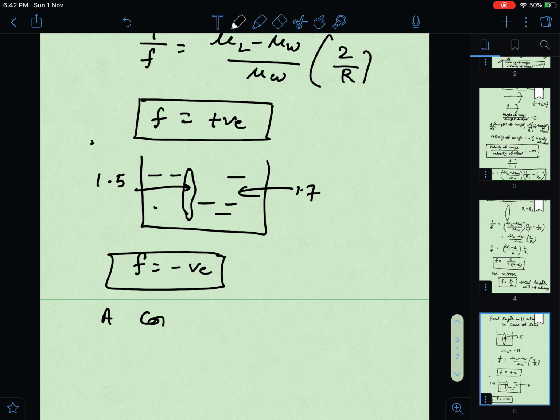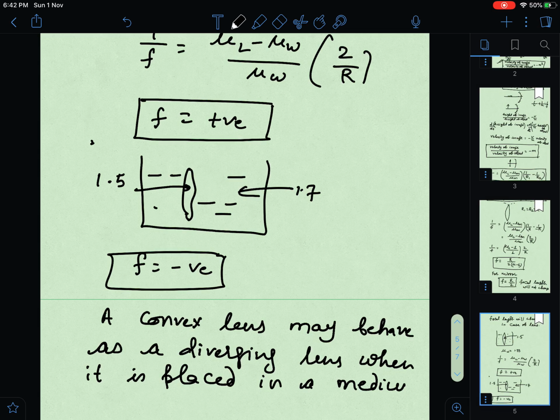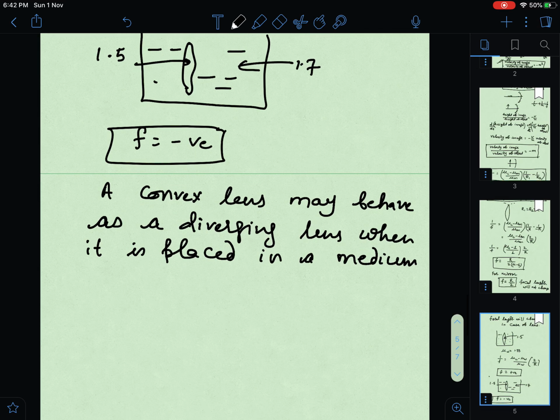So a convex lens may behave as a diverging lens when it is placed in a medium having refractive index greater than that of the lens.